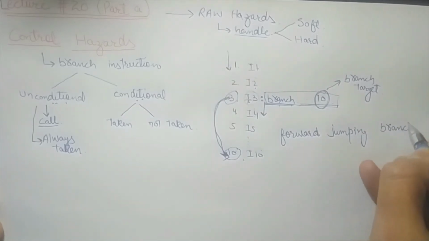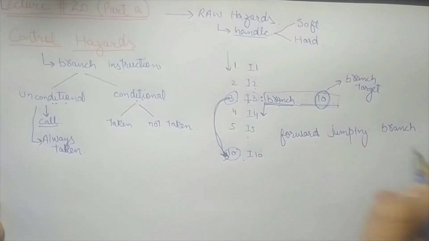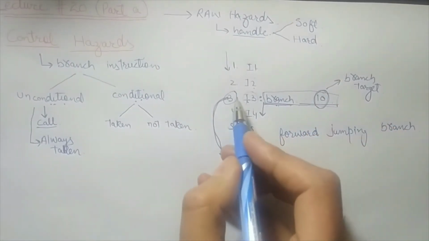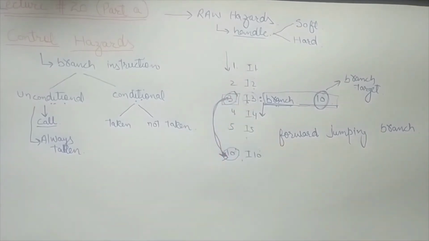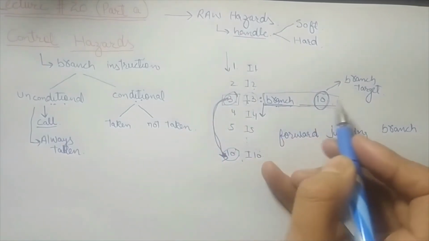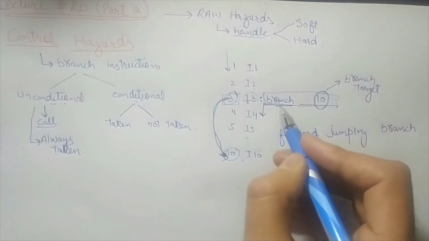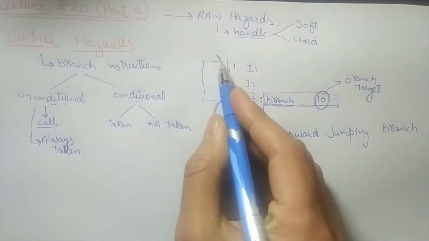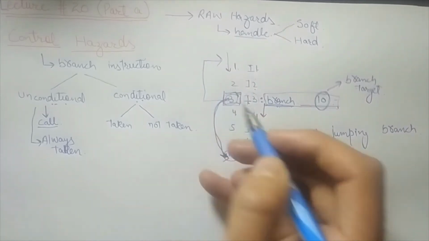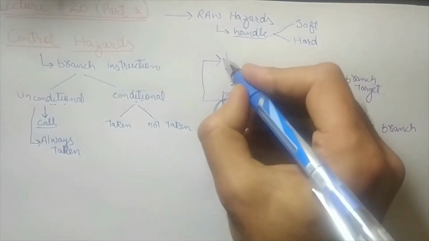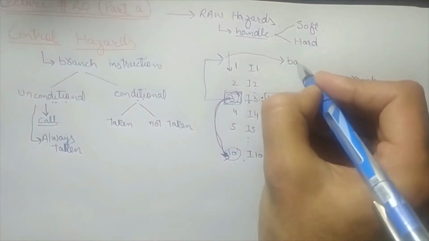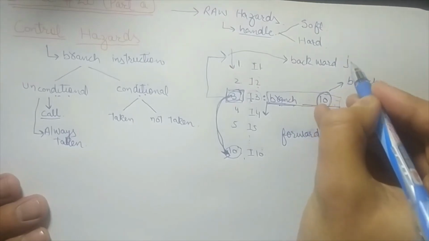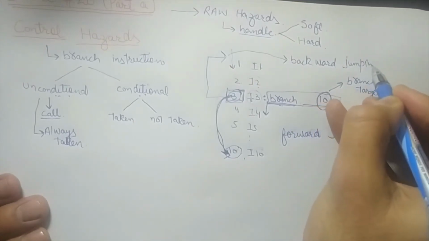That means the branch target is ahead of its own address. However, if the branch target is some address preceding its own address, then in that scenario the branch is called a backward jumping branch.